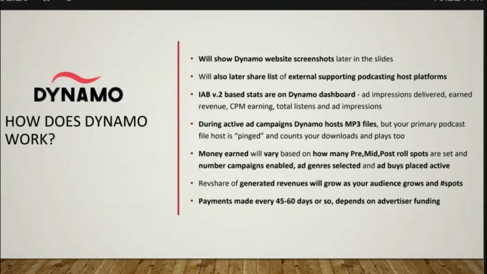And money earned will vary based on how many pre-roll, mid-roll, and post-roll spots are set in each of your episodes, because it is an impression-based payout. So the number of campaigns that are enabled in your show matters, and as you filter down, I'm going to show you a list of campaign genres of sorts, and as you block those, you will have the potential of not having as much revenue because you're going to be blocking the opportunity of campaigns.